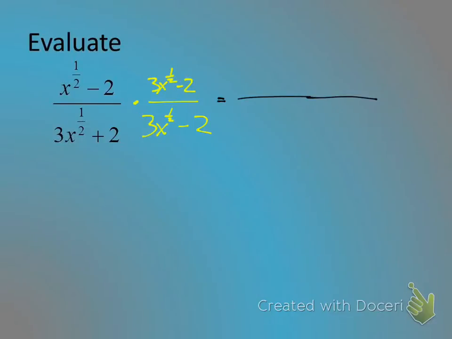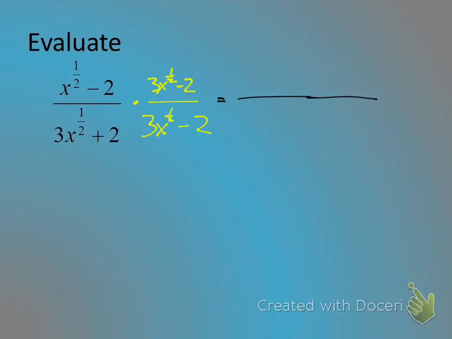Okay, now these are going to get a little nastier, possibly nastier than what they had been. How do you get 3x times x to be 3x squared? What do you do with those exponents?